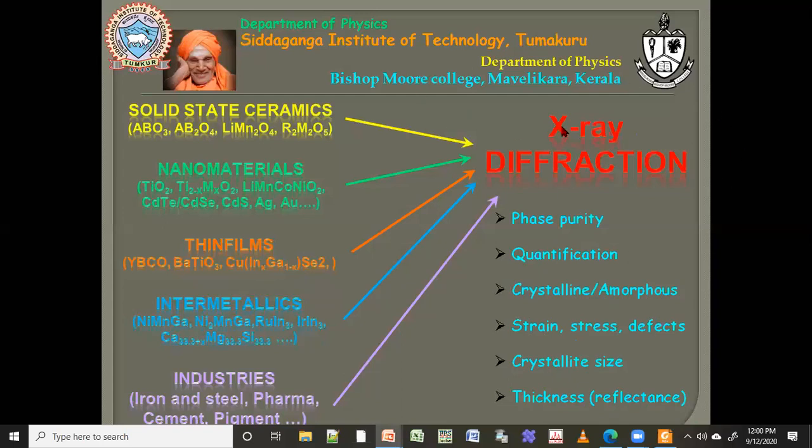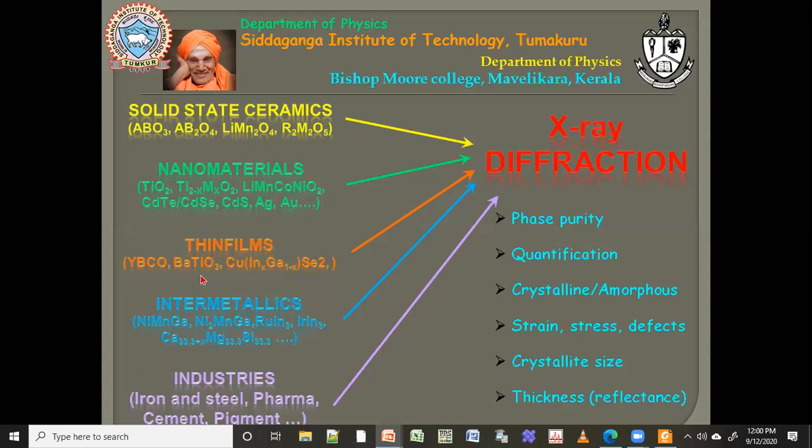First you should know whether it is a pure phase, because in some cases, for example barium titanate, you are using barium carbonate and titanium oxide, and you heat both of them at some temperature to get a pure phase. Pure phase in the sense it is BaTiO3, but you may not get it if you are not heating at a sufficiently high temperature.